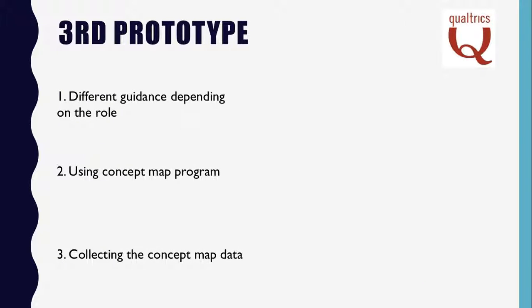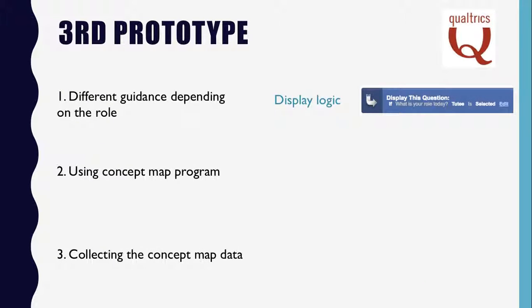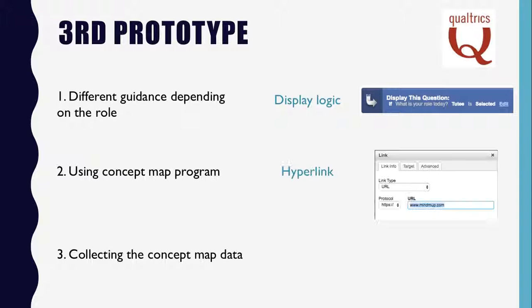The first one can be applied in Qualtrics by using display logic, and for the second one, I can use hyperlinks for certain text. And for the last one, I found that there is a file upload function in Qualtrics, so I'm going to use it.